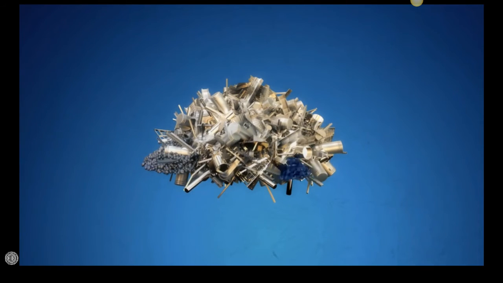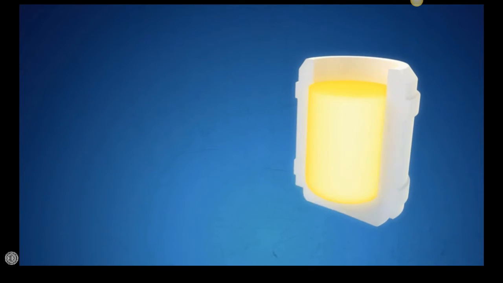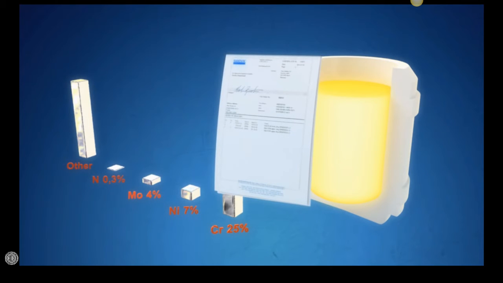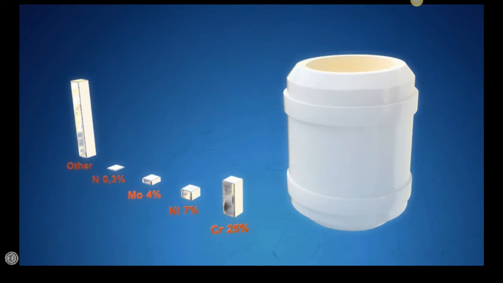The manufacturing of metal powder for the HIP process is based on controlled quality scrap and alloying materials. Melting takes place in an induction furnace. The chemical composition of the melt is closely monitored throughout the process and adjusted to meet Sandvik requirements and international standards.